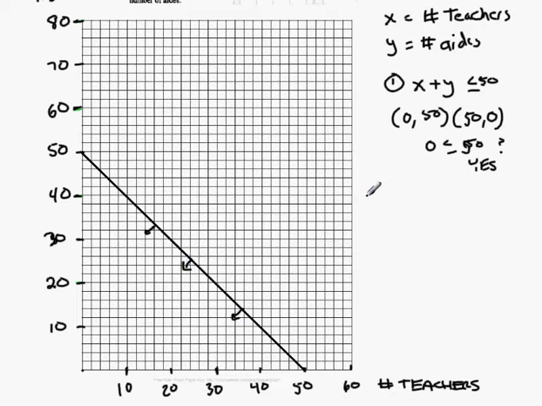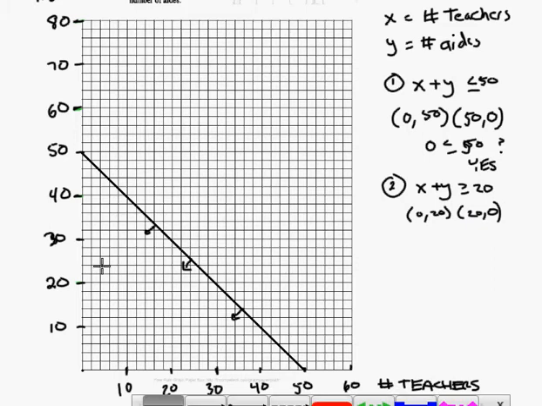Our second inequality is that a minimum of 20 staff members are needed to run the school. So here we have X plus Y greater than or equal to 20. Again, letting X be 0, Y is 20. Letting Y be 0, X is 20.